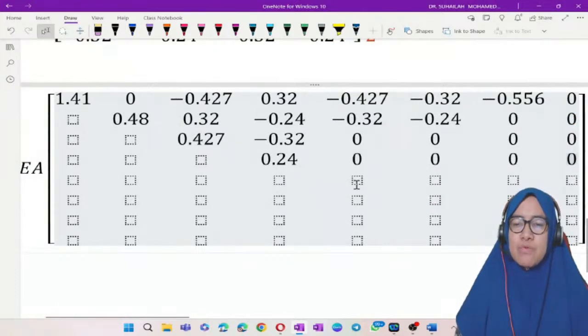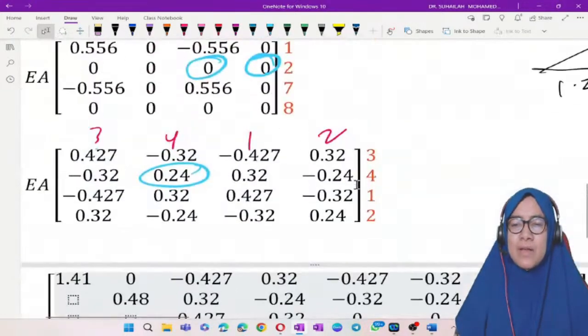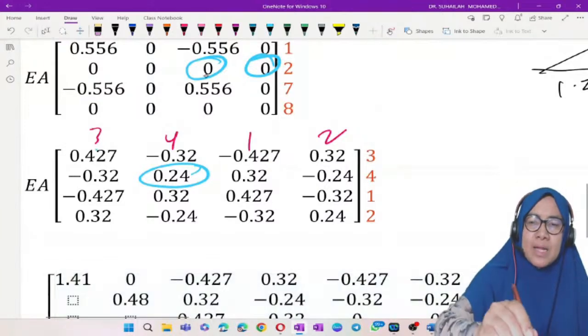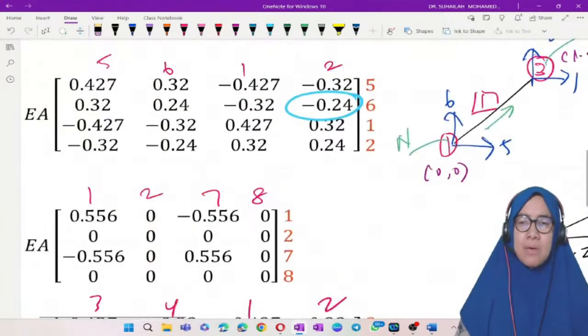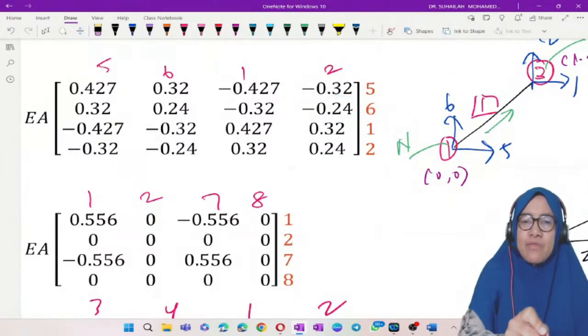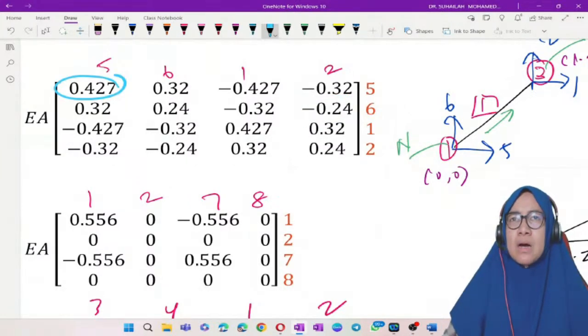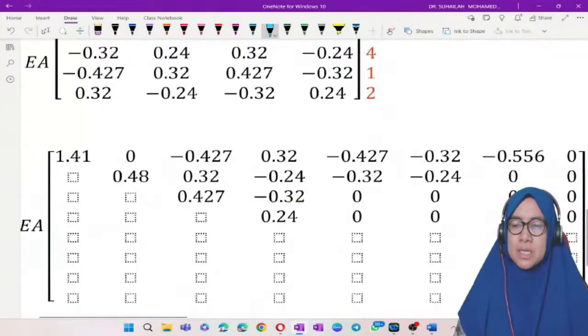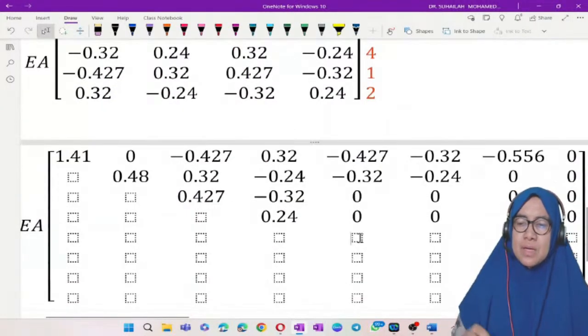Okay, next we move to 5,5. 5,5 we can find inside K1. 5,5 is 0.427.